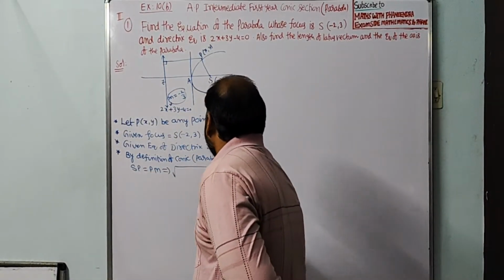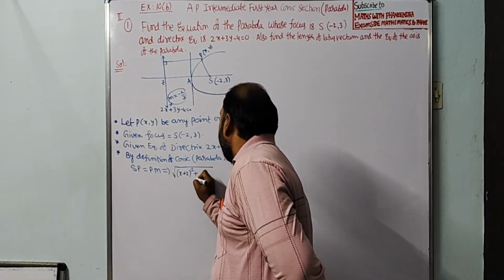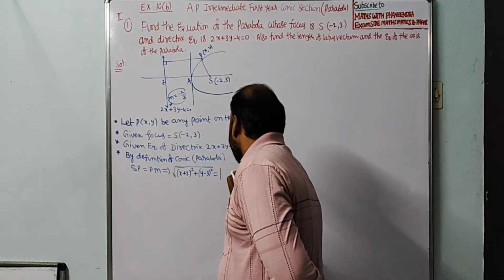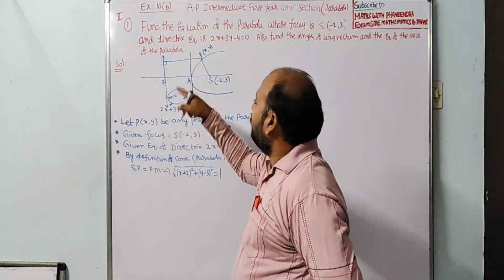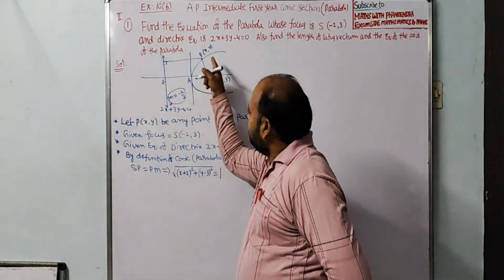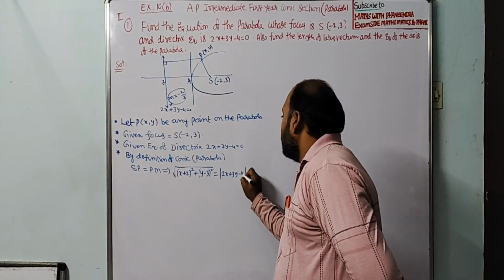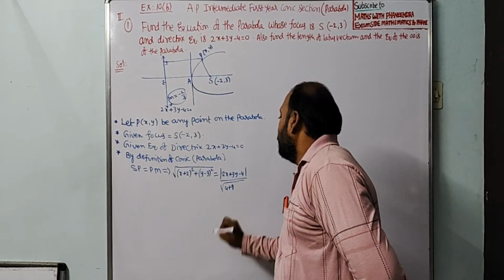SP is the square root of (x + 2) whole square plus (y - 3) whole square, which is equal to the mod of the perpendicular distance, in place of (x, y) itself, that is (2x + 3y - 4) divided by root of x coefficient square plus y coefficient square.